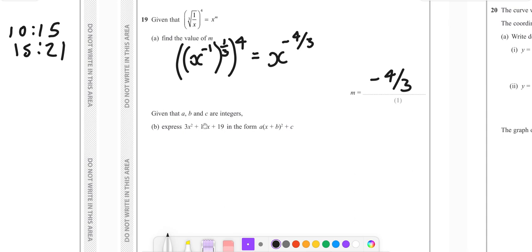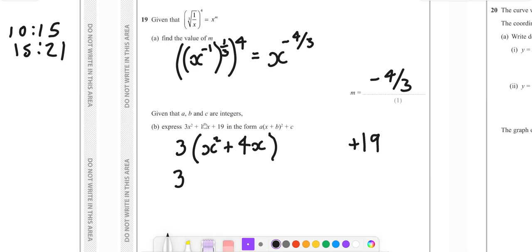Express this in the form of this. Okay, so we're completing the square. So I'm going to take x squared plus 4x, and because 19 doesn't go very well, I'm just going to leave the plus 19 and we'll deal with that later. Then I'm going to deal with this bit.